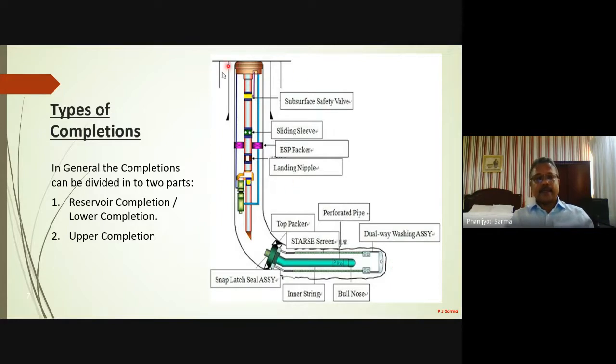And the top part is called the upper completion, which is the tubing jewelry with different equipment. It sometimes includes subsurface safety valves, sliding sleeve doors, packers, ESPs, and some landing nipples. All depends on the requirement or the purpose of the well. Based on that purpose, the well completion is designed.